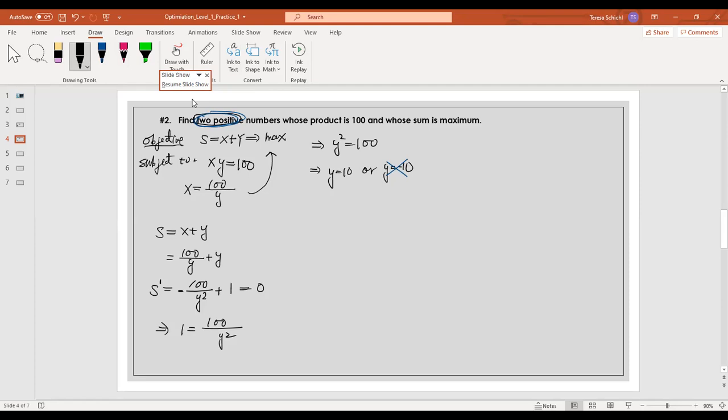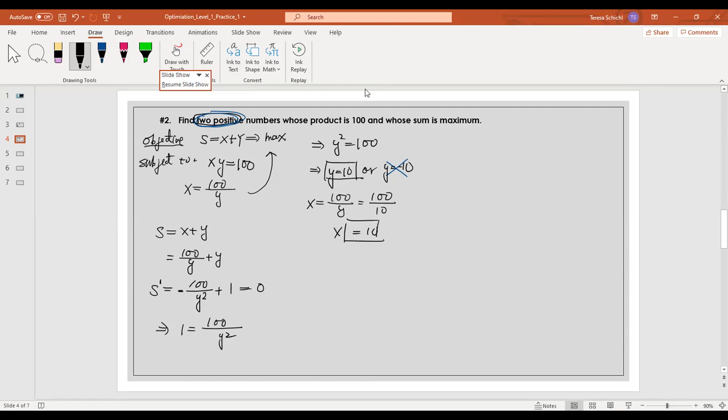Okay, if y equals positive 10, then what is x? We substitute back to this condition. X equals 100 over y, so it's 100 over 10. So this is 10. Okay, so now I find the two positive values, both x and y.